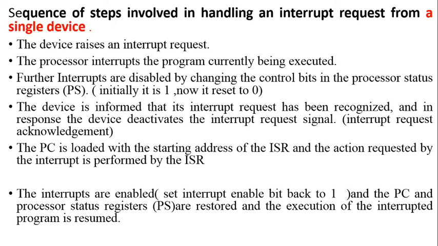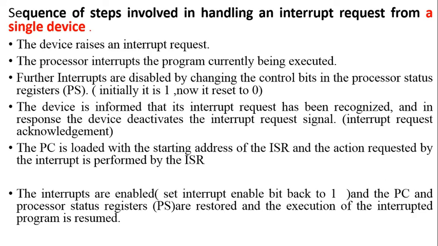If the processor is ready to accept the newly coming interrupt request, then the processor interrupts the currently executing program, stores the program counter value onto the processor stack, and changes the processor interrupt enable bit's value from 1 to 0.